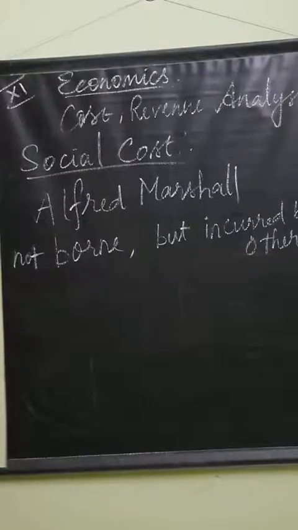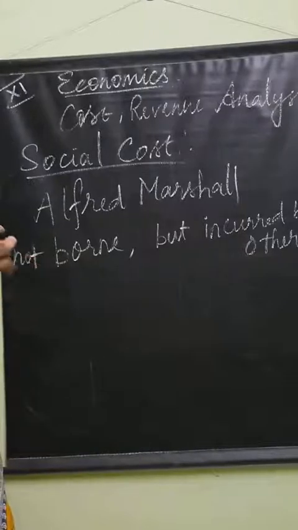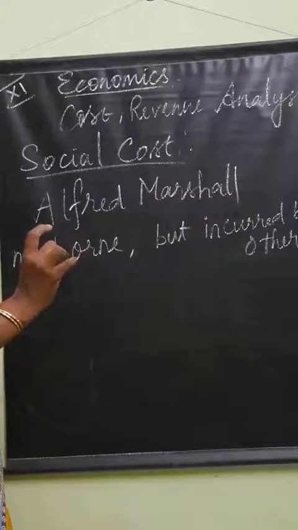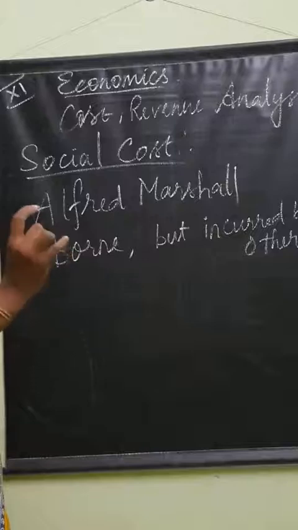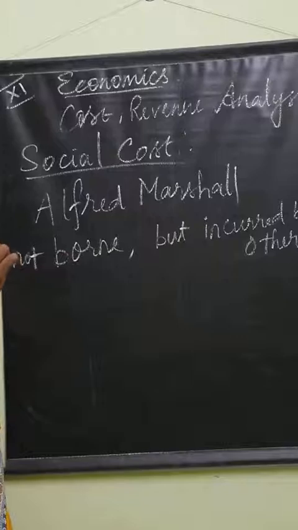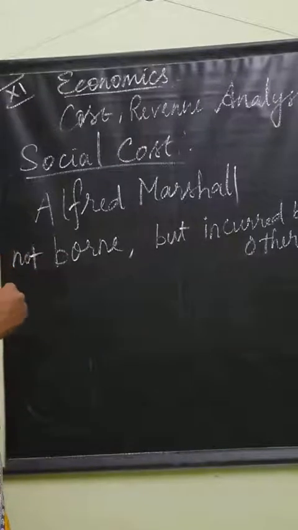So the cost, they are producing goods, they are selling the goods, they are earning the profit, but the impact, correct word is impact. While they are producing some goods, they are letting out something harmful to the society, which is incurred by others in the society, isn't it?